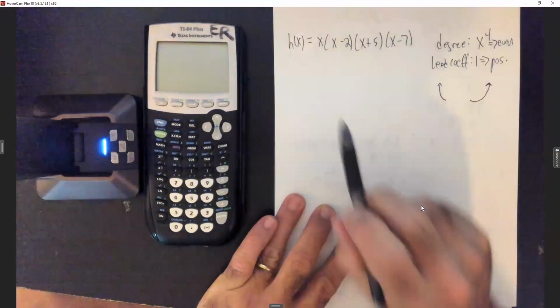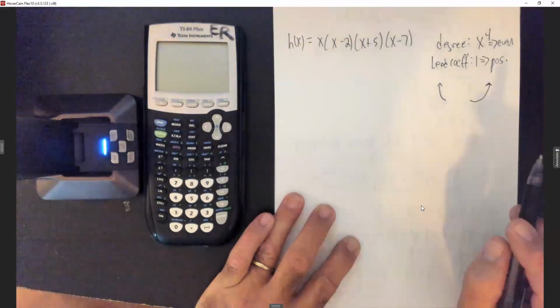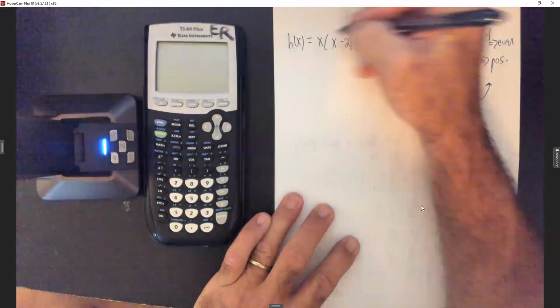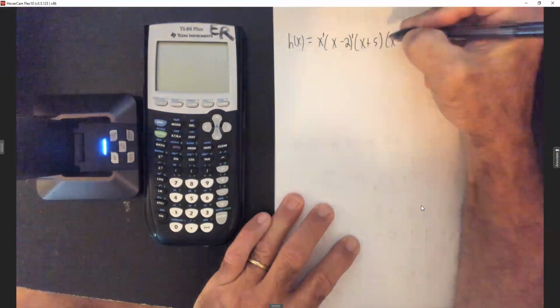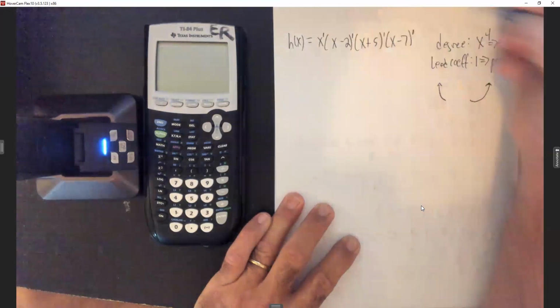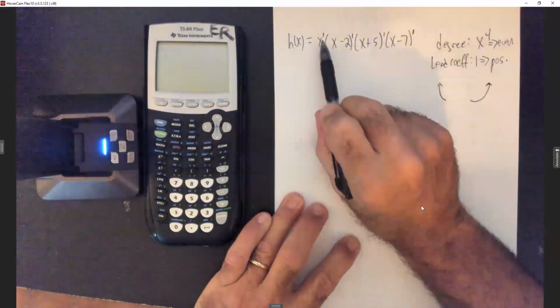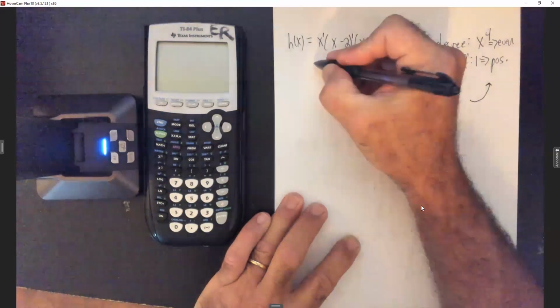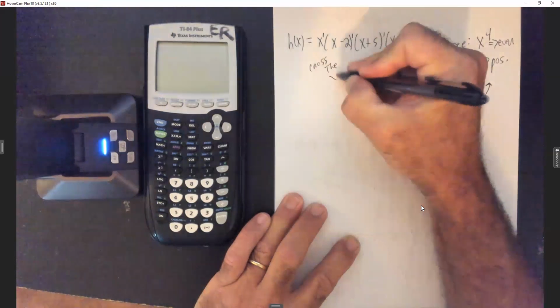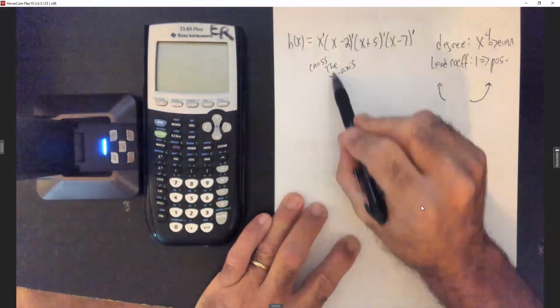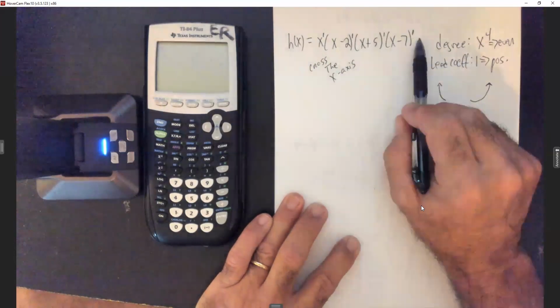So let me show you something else I would look at on this. Remember, all these are factors, and they all have an exponent of 1. Since they all have an exponent of 1, which is odd, all these zeros are going to cross the x-axis. They're not going to come down and touch it and be tangent. Since all these are odd ones, it's going to cross the x-axis at all these points.